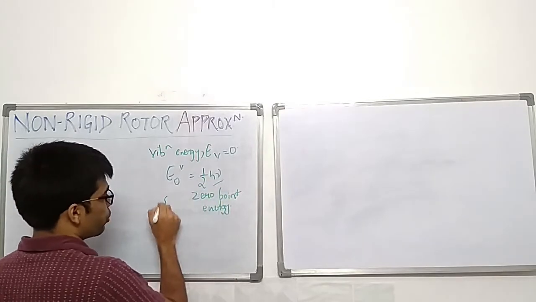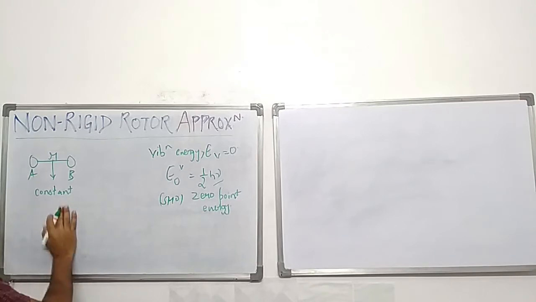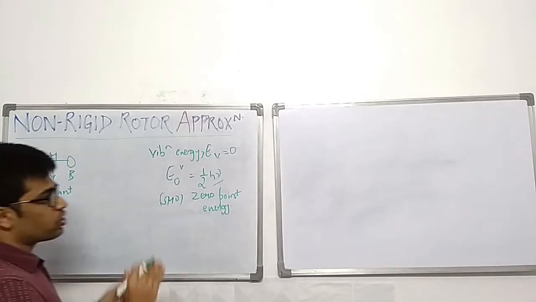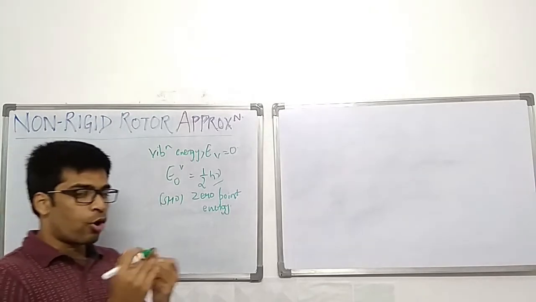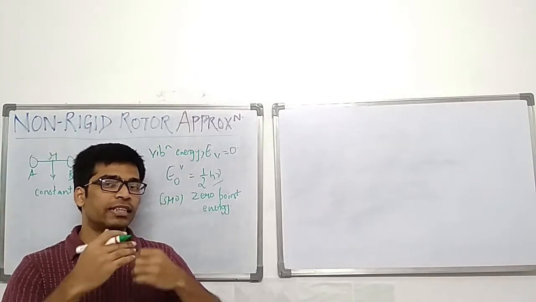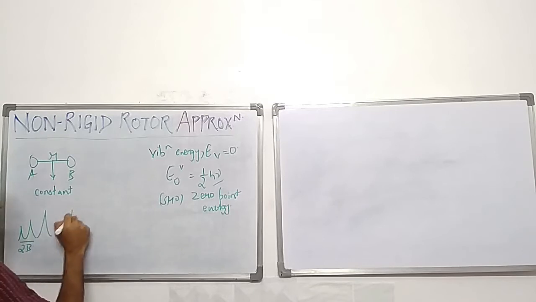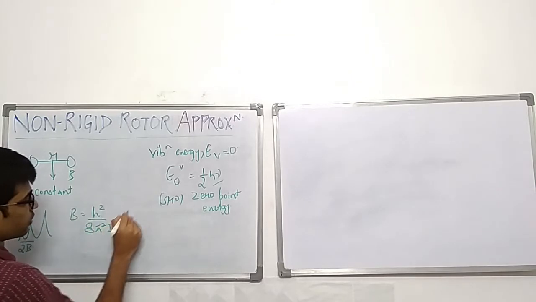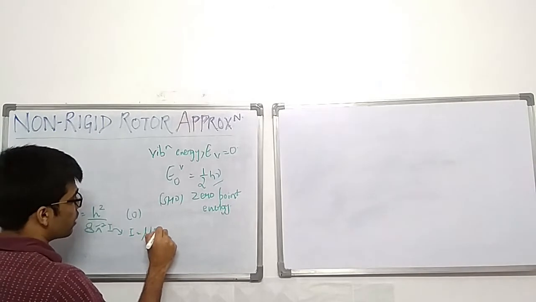Considering my molecule to behave like a simple harmonic oscillator, if this amount of energy is present even at the lowest possible energy state, the bond is no more fixed. If the bond length is changing, we know that the difference between two consecutive lines is 2B, and B is h square by 8 pi square I. This B is in joules, and I is mu r square.